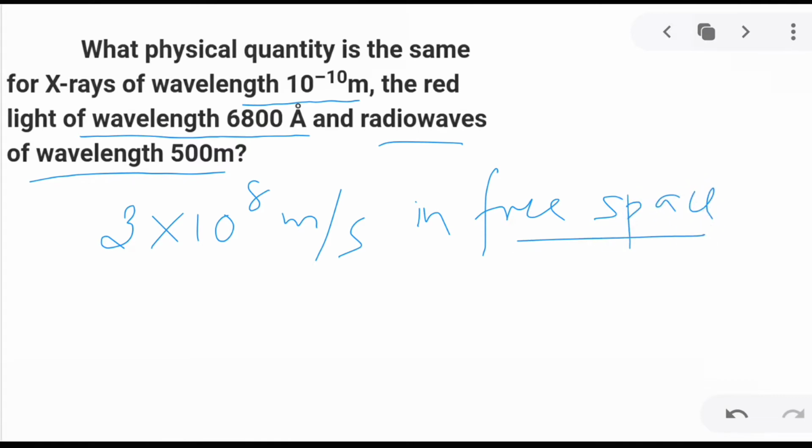So this property is the same for all waves in the electromagnetic spectrum. So what physical quantity is asked? The physical quantity is the speed of the wave.